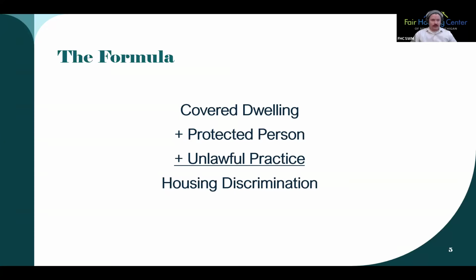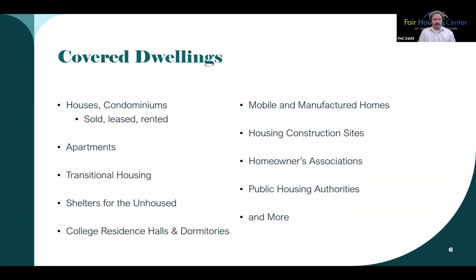But first, the first element of the formula is a covered dwelling. What are covered dwellings? You'll see here a broad but not exhaustive list. A dwelling under fair housing law is to be construed as broadly as possible. There are some limited exceptions, but all places of residence that are not strictly commercial ventures, like a hotel or a motel, are usually covered by the Fair Housing Act.